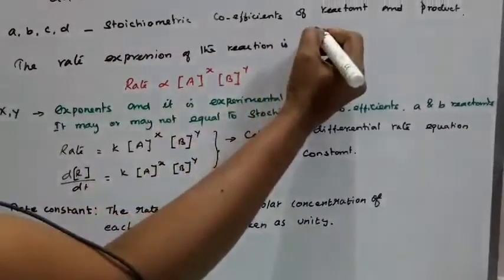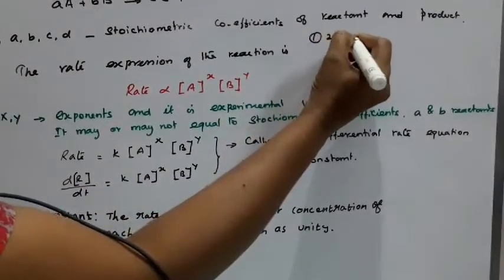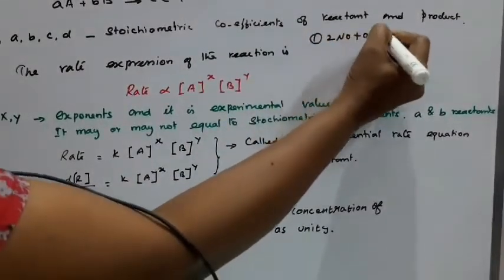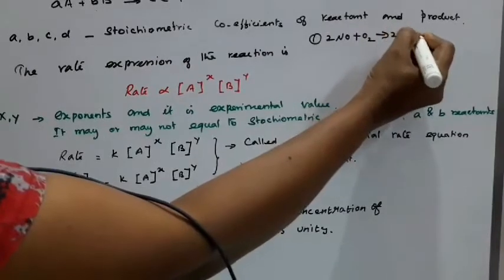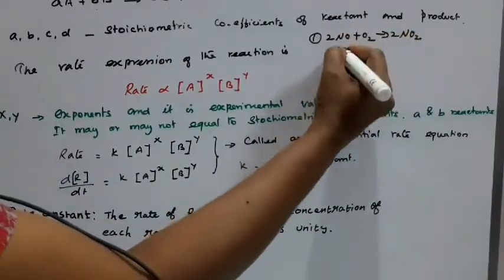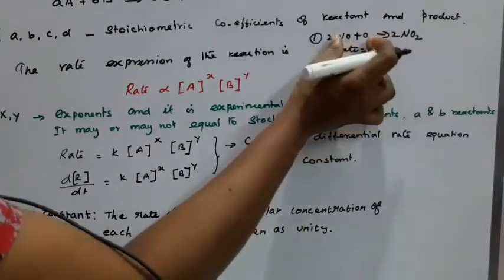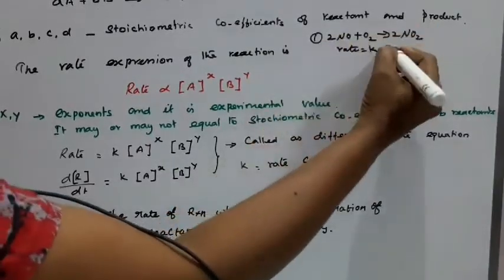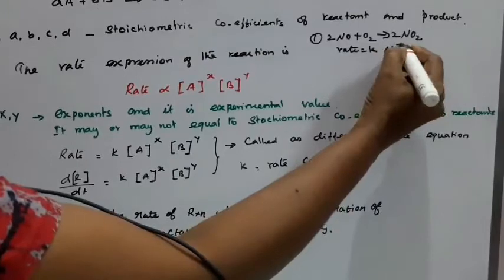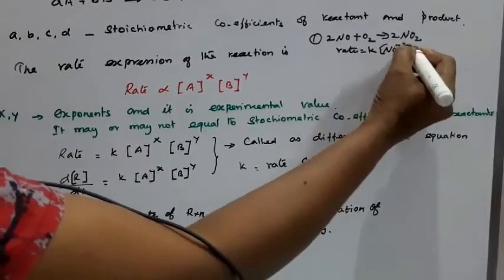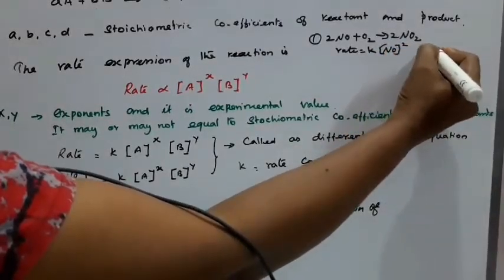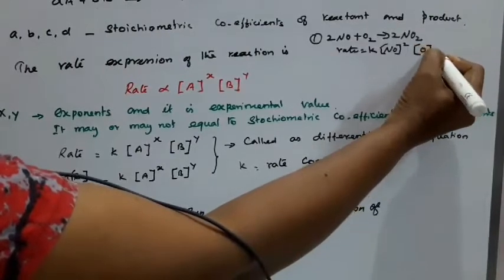Here you see the reaction 2NO plus O2 gives 2NO2. How can you write the rate? Rate equals the constant k times the molar concentration of the reactant NO raised to the power 2 and the concentration of O2 raised to 1.